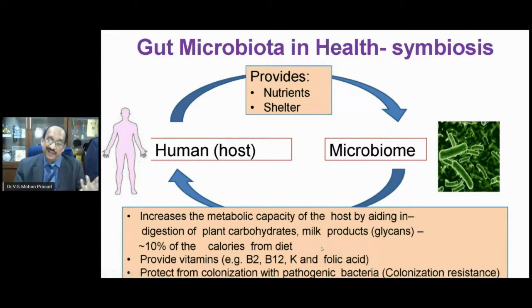Otherwise, that 10% would be passed off into the fecal residue. They also provide vitamins like B12, B2, K, and folic acid, and protect from colonization with pathogenic bacteria. This is called colonization resistance. Good bacteria prevent the bad guys from getting attached.